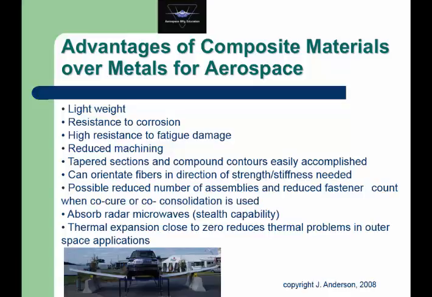We can easily make tapered sections and compound contours. Sometimes that's a problem in machining out metal. We can orient fibers in direction of the strength and stiffness needed, so we can put the mass of our part in such a way that we have an efficient use of that mass in giving us strength.